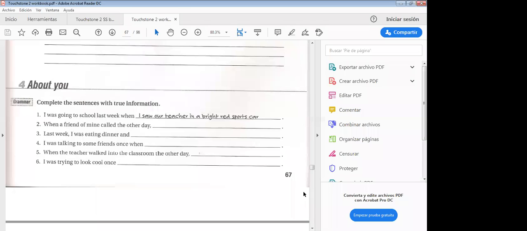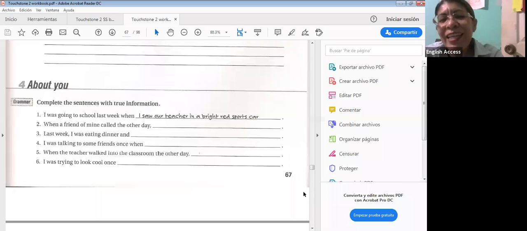Damaris, 5. When the teacher walked into the classroom the other day, I was paying attention. Okay, but here what you are saying is that you were in the classroom. The teacher wasn't in the classroom.